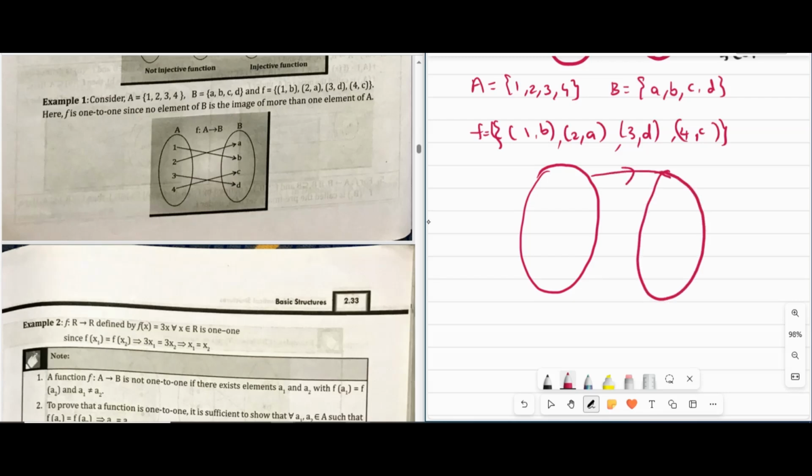So it is f of x, here it is a, and this is b. The elements of a are 1, 2, 3, 4.